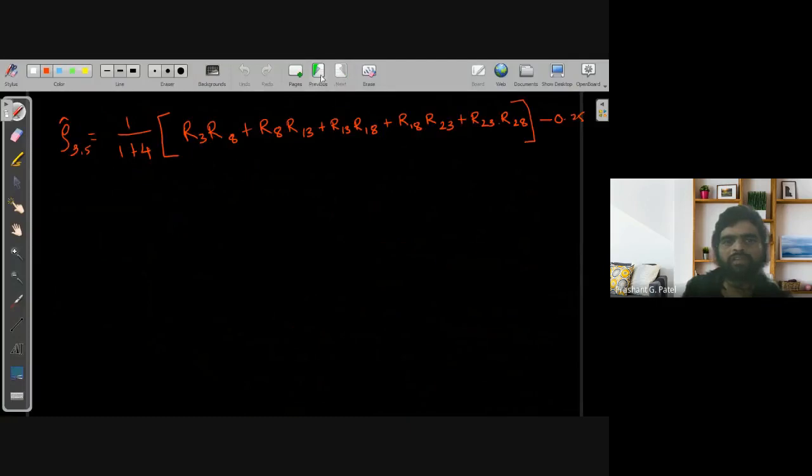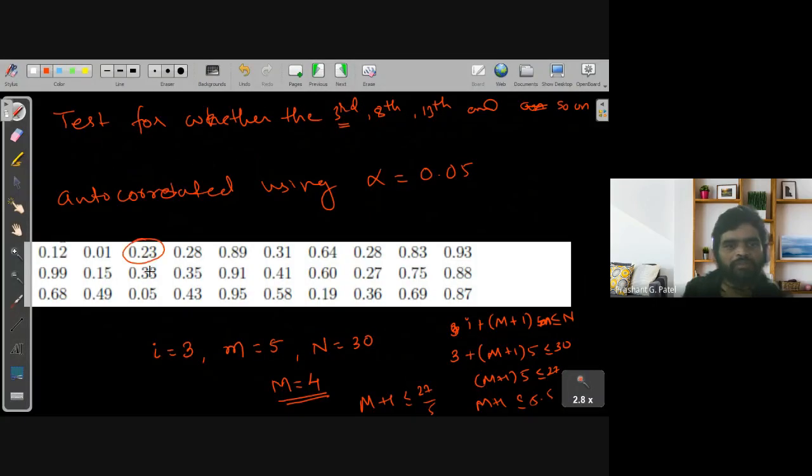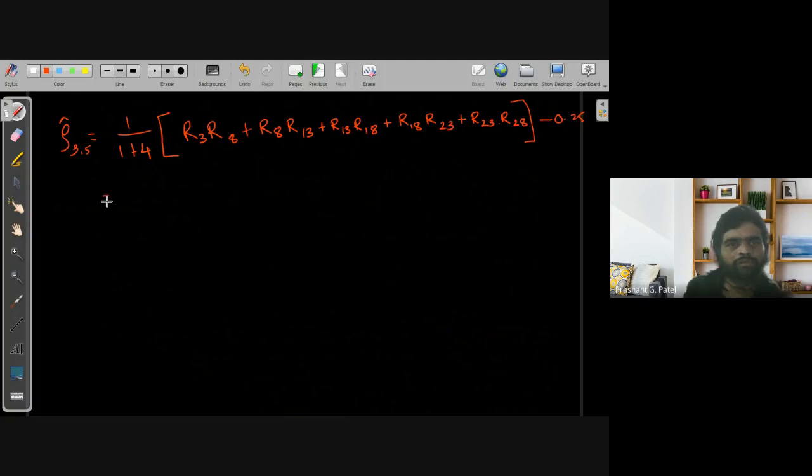Now, what is R3 that we can calculate? R3 is this, 0.28. We will substitute all the values. That is 1 upon 5, 0.23 into 0.28.